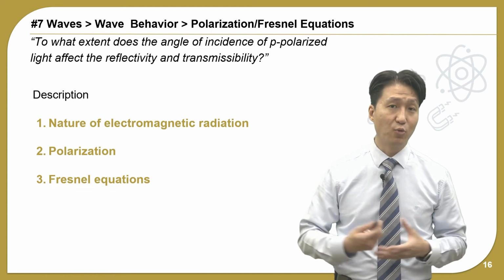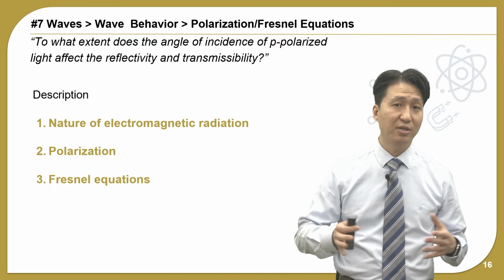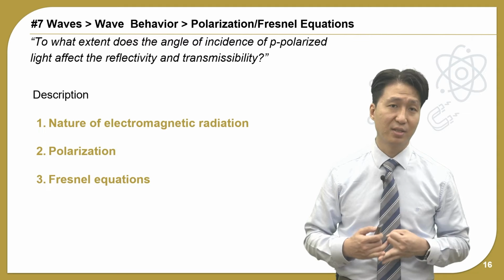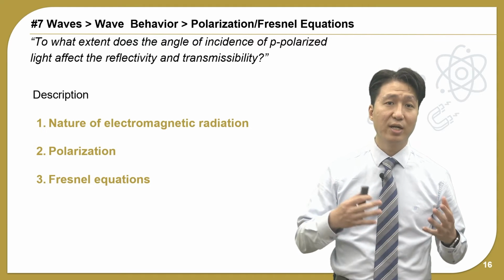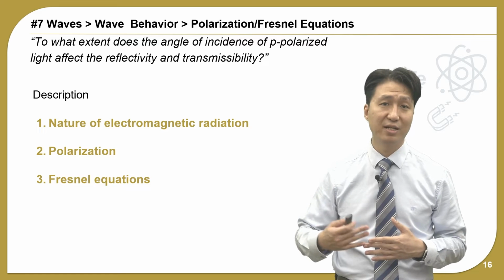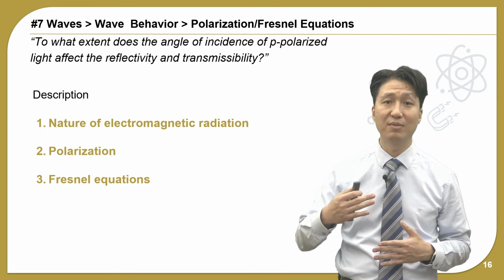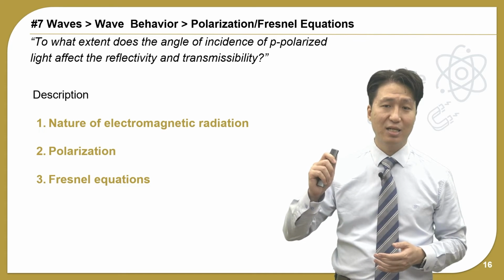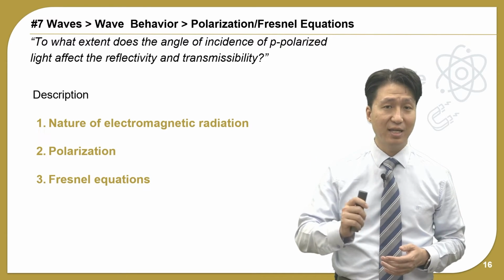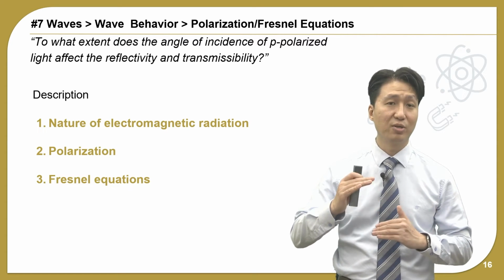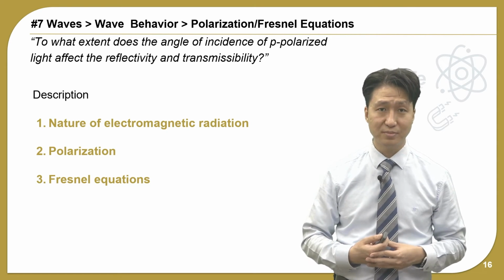If you're still interested in waves, you can do light waves and you can do experiments on polarization and the Fresnel equations. And this research question reads, to what extent does the angle of incidence of plane polarized light affect the reflectivity and transmissibility? So as you will know, light is reflected and transmitted on the interface of two materials that have different indices of refraction.